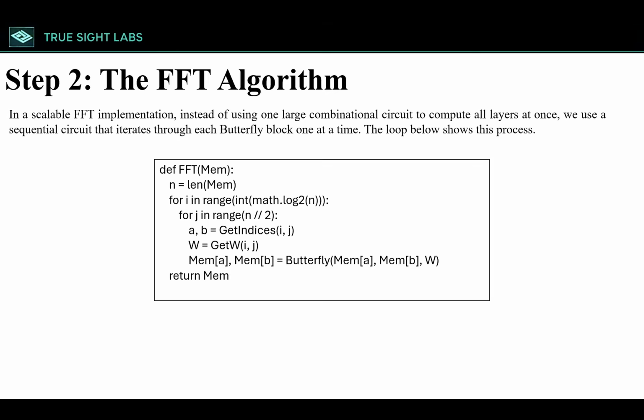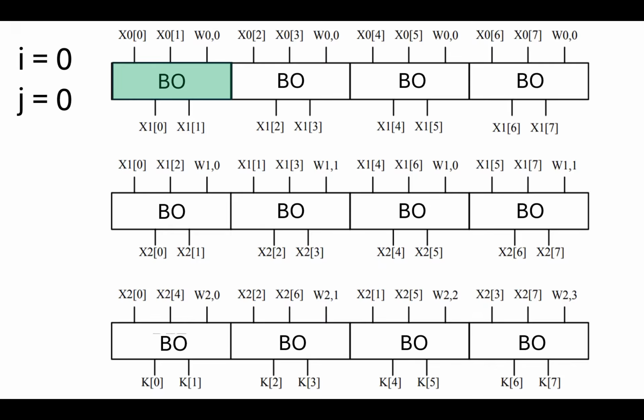Although it is technically possible to build one very large combinational circuit that computes the entire FFT all at once, that approach does not scale very well for larger FFTs because it requires too many hardware resources. By using a sequential design instead, we can support much larger FFT sizes, although the execution time increases with the number of butterfly operations. The animation below shows exactly how the code sequentially processes each butterfly operation.